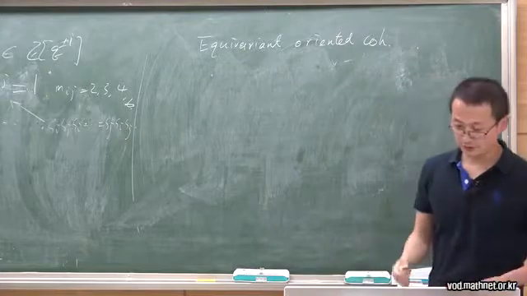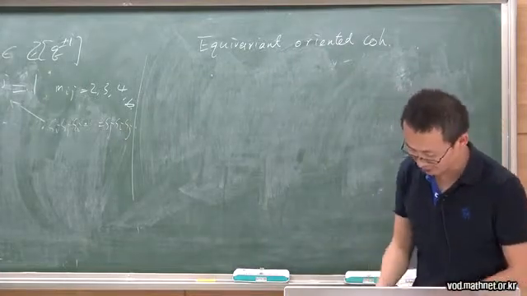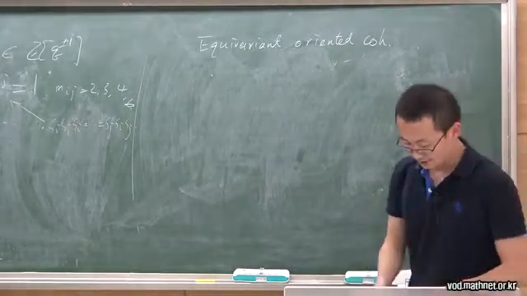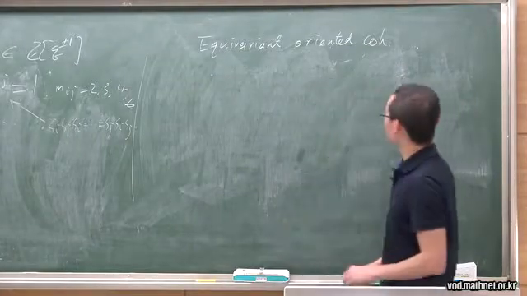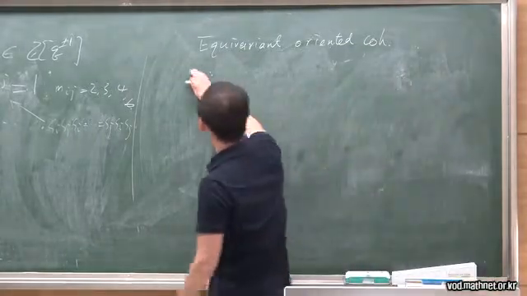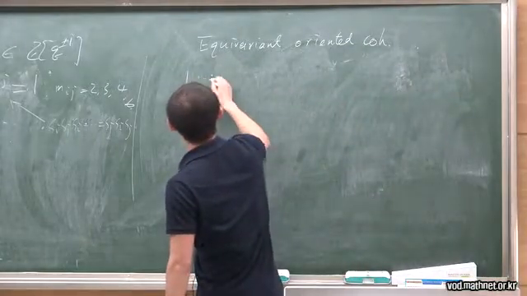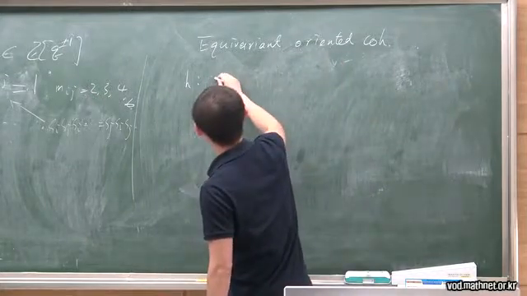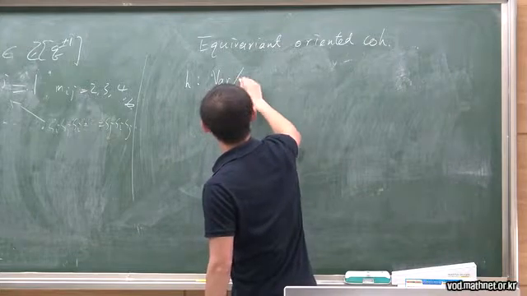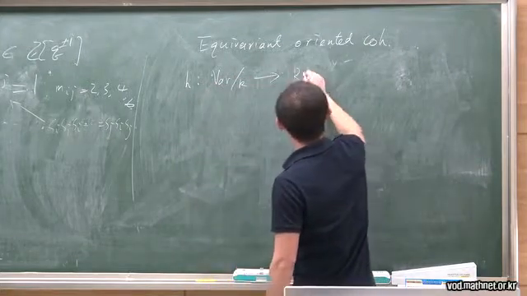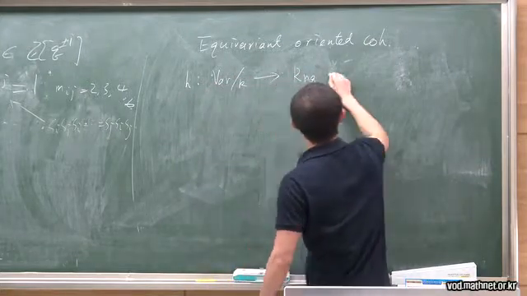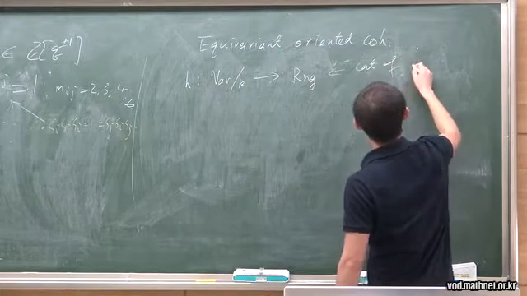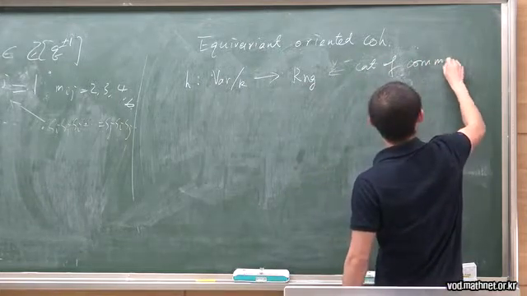I'm not going to give the official definition of this oriented cohomology. Instead, just say, roughly speaking, first of all, oriented cohomology is a contravariant functor. So this is the category of commutative rings.